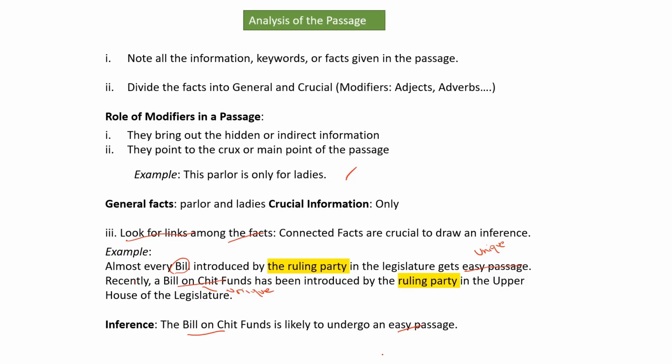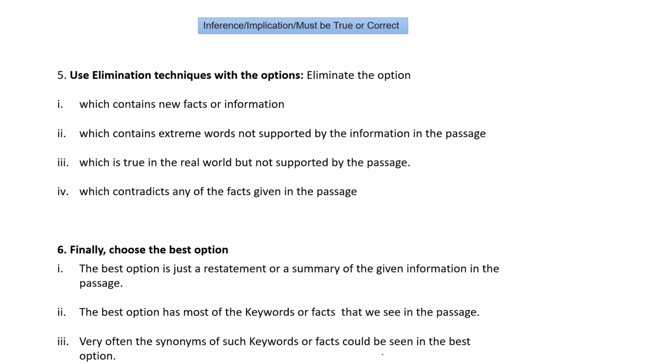Now, fifth point, the sub point here is use elimination techniques with the options. It's very important, right? For every inference question, you can apply elimination techniques. I have given 4 elimination techniques. By using these techniques, you can eliminate at least 2 options out of 4.